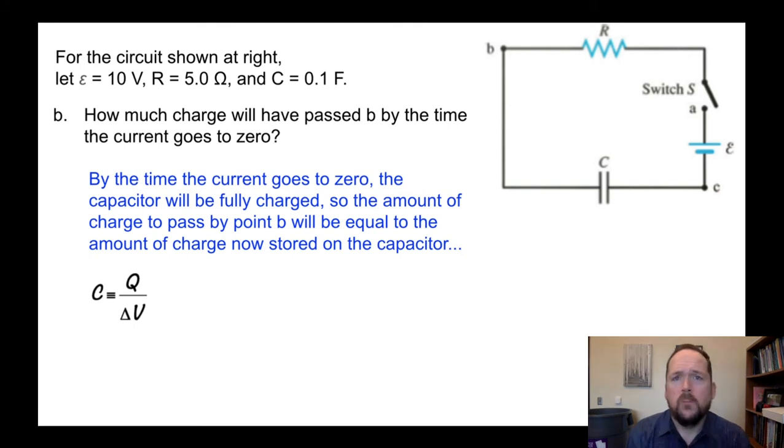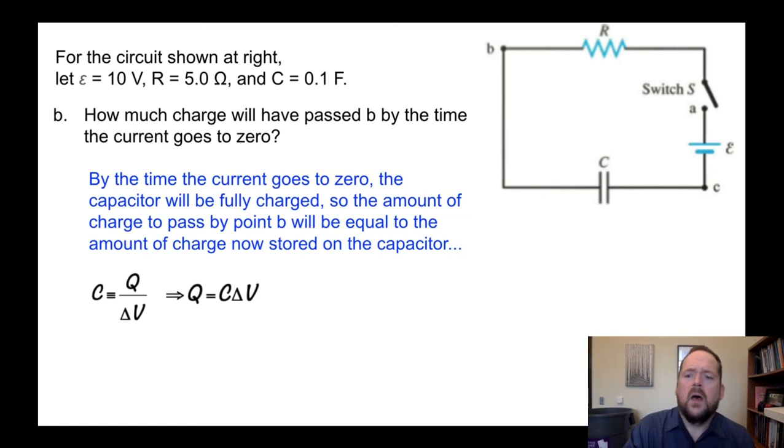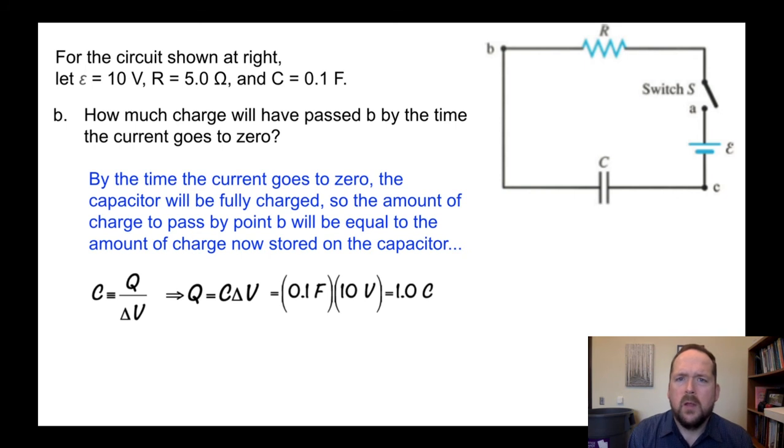Capacitance is charge over potential difference, so the charge is the capacitance times the potential difference. If I plug things in here, that's 0.1 farads of capacitance. The potential difference when the capacitor is fully charged is going to be 10 volts. So I have 1 coulomb of charge that the capacitor is going to store when it is fully charged. That means 1 coulomb of charge also flowed past point B.